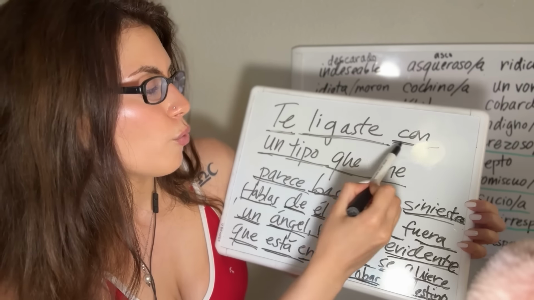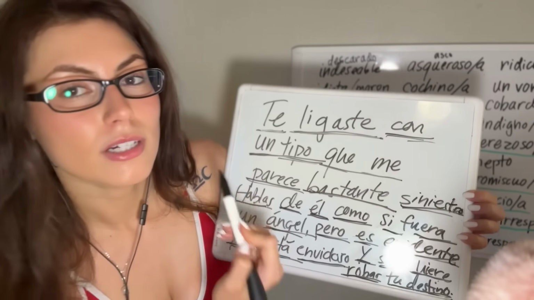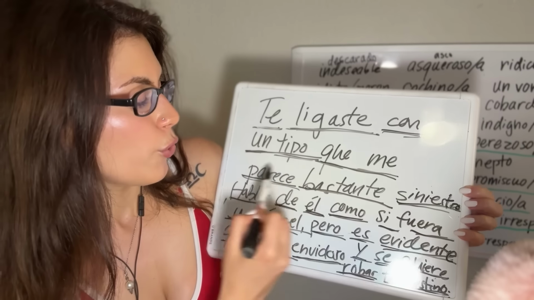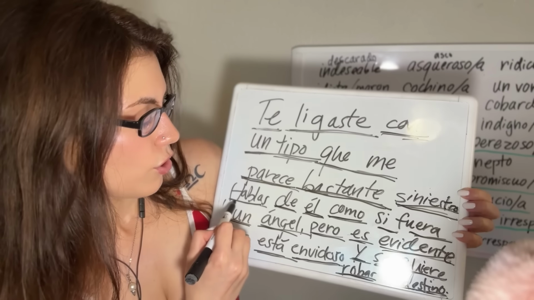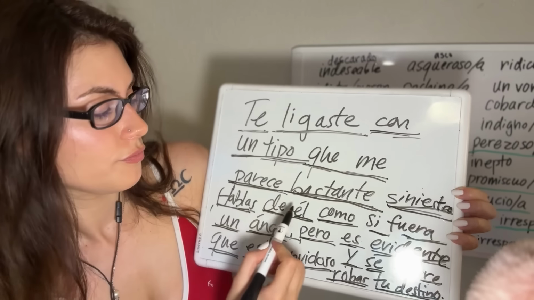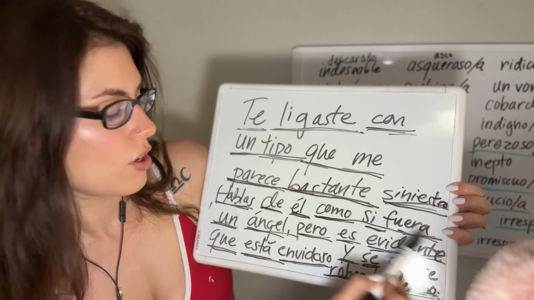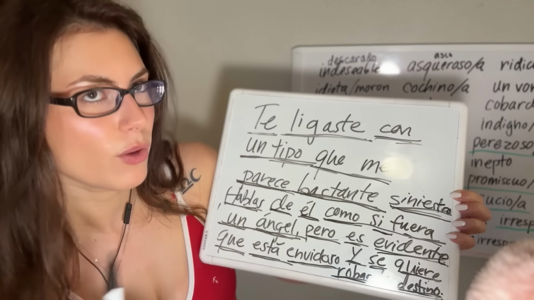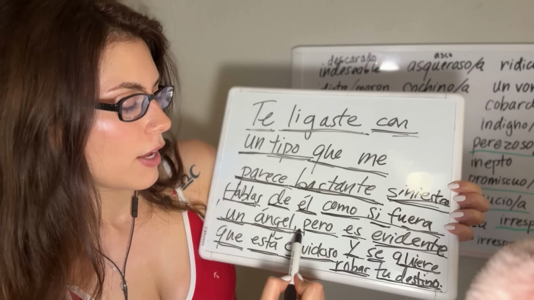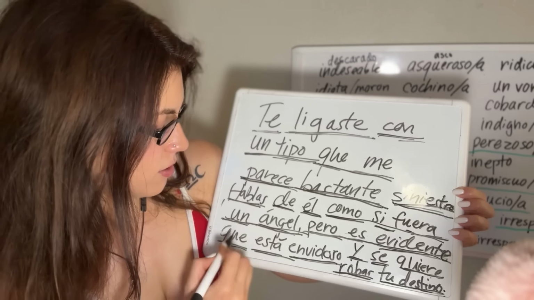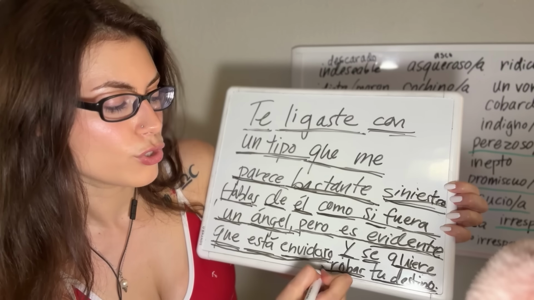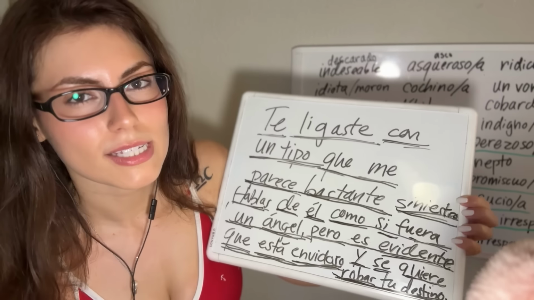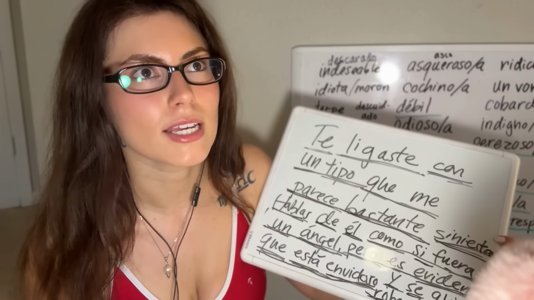You got with a guy who seems very sinister. You speak about him as if he were an angel, but it is evident that he is envious and he wants to rob your destiny from you.